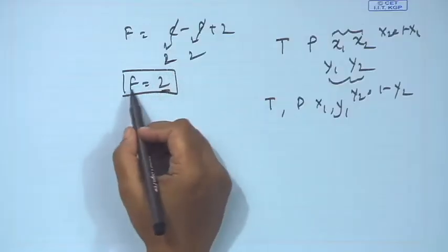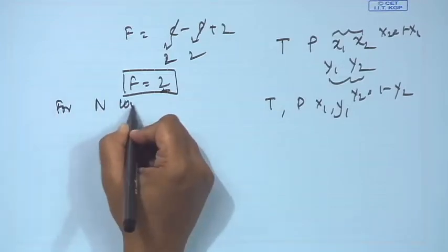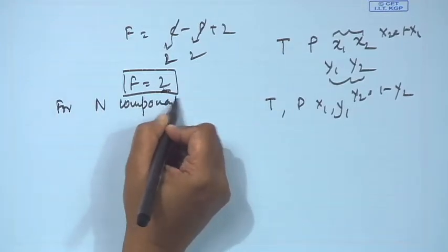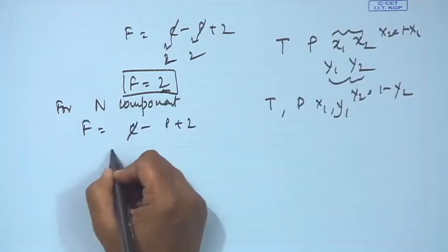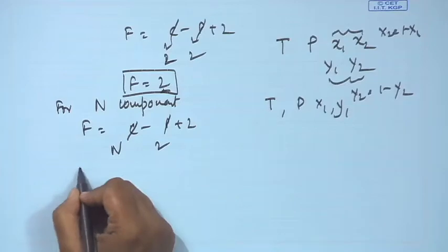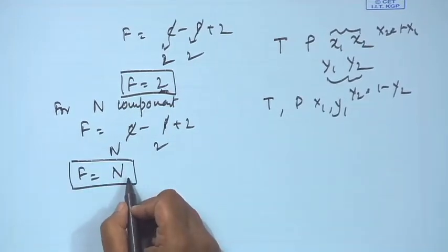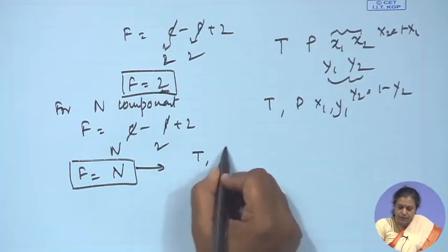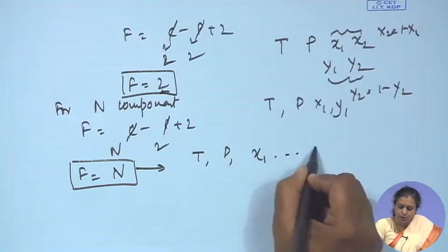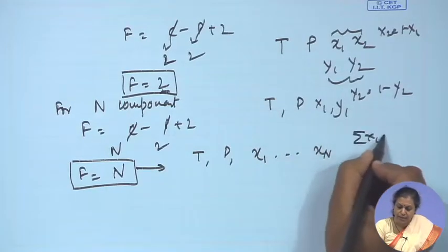Well, before that, it is important for you to note that for a binary mixture F was equal to 2. For n components, what does it become? F equals C minus P plus 2. This is n, this is 2, therefore, F equals n. So, for n components, the degrees of freedom is n, and out of here we have T, P, x_1 to x_n, again bounded by the constraint of sigma x_i equals 1.